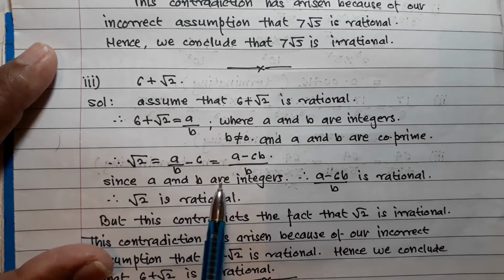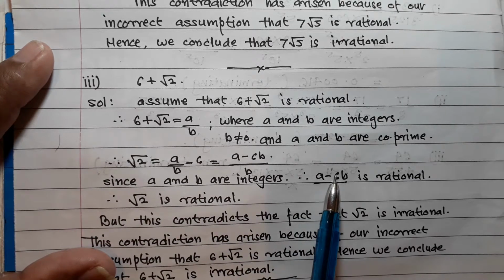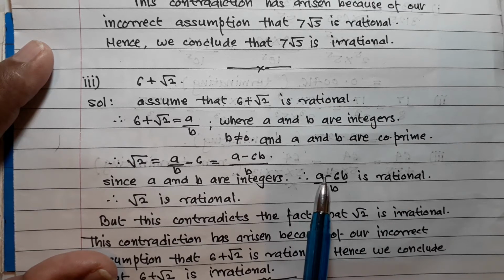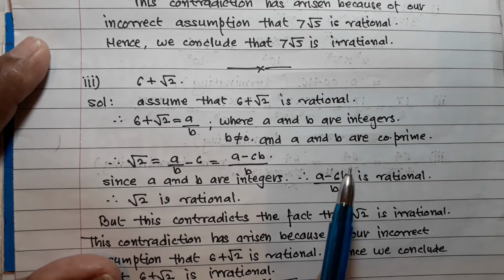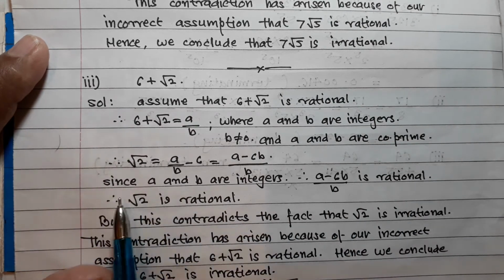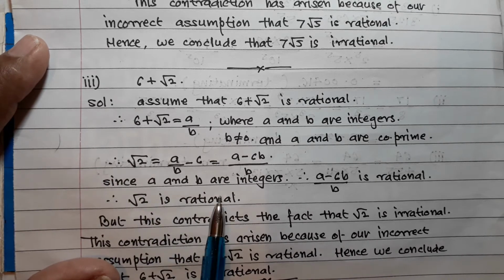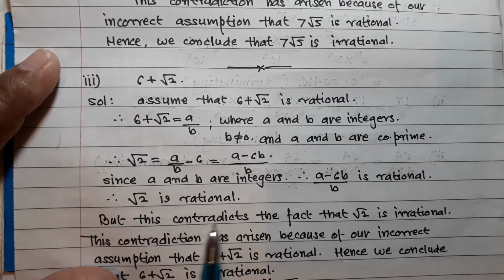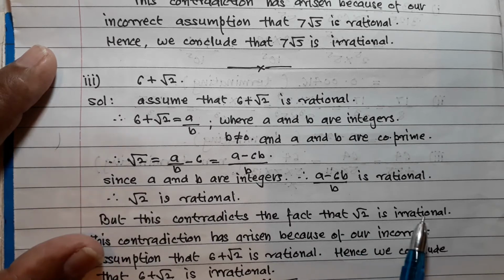Since a and b are integers, a minus 6b upon b is a rational number, because a minus 6b is an integer, b is an integer, and integer upon integer is rational. Therefore root 2 is rational. But you know root 2 is not rational, so this contradicts the fact that root 2 is irrational.